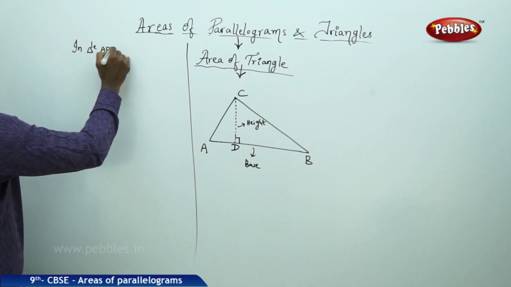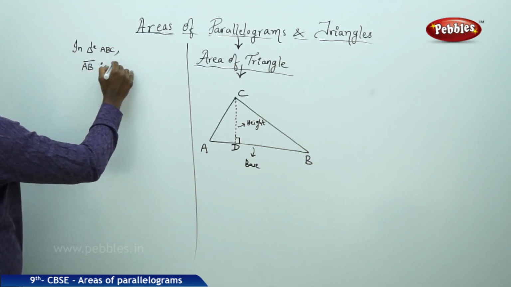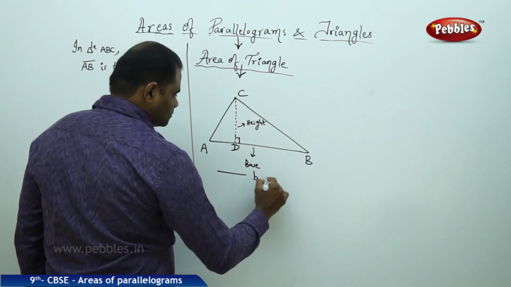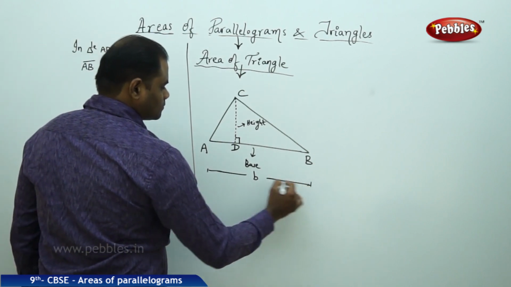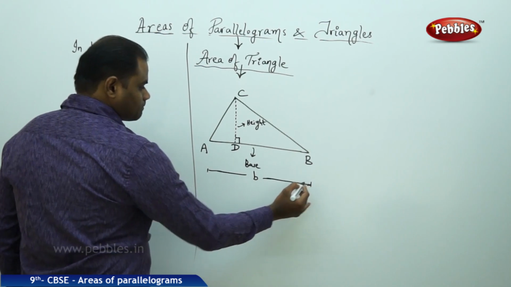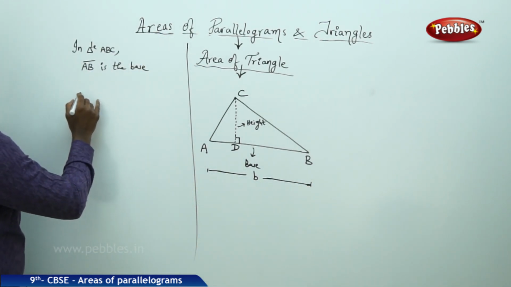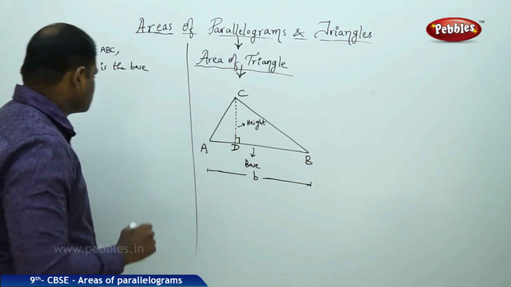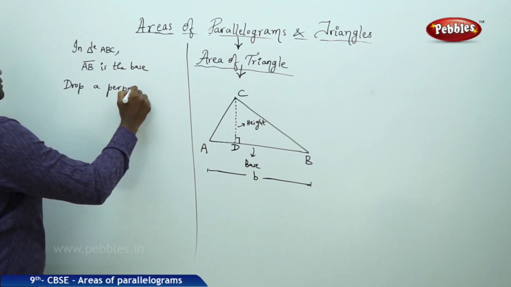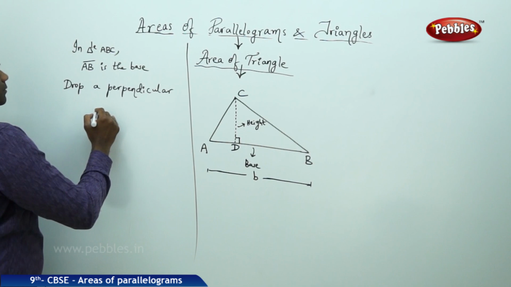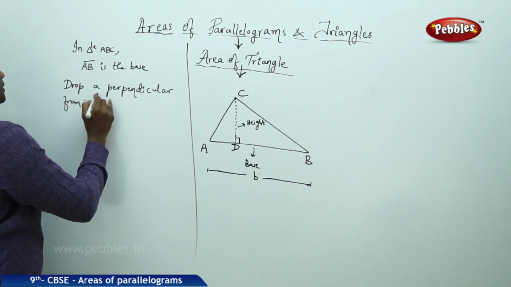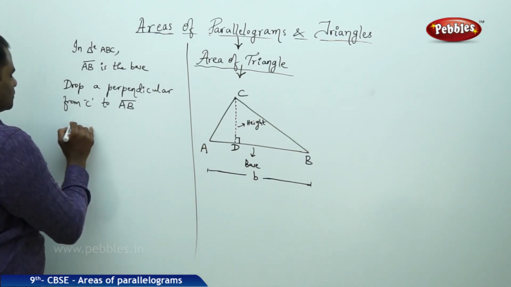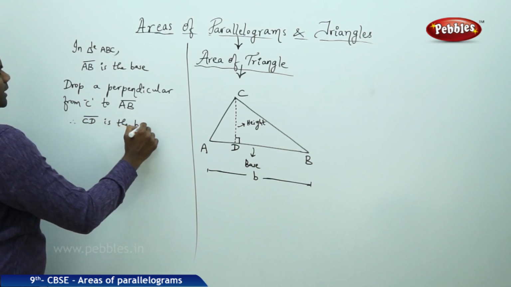In triangle ABC, AB is the base, and let me denote the base with B. And then I have CD, which is obtained by dropping a perpendicular from C to AB, such that it cuts at D. Therefore, here CD is the height, as clearly we can see.